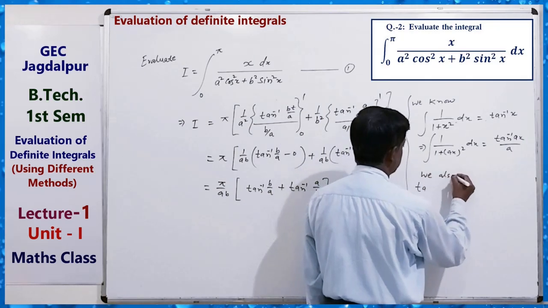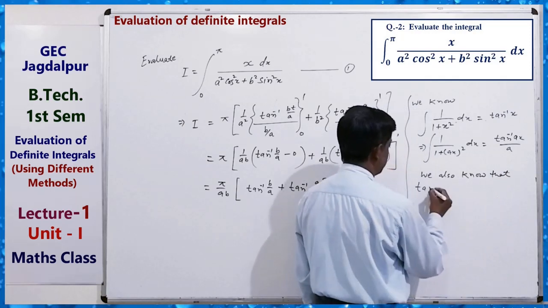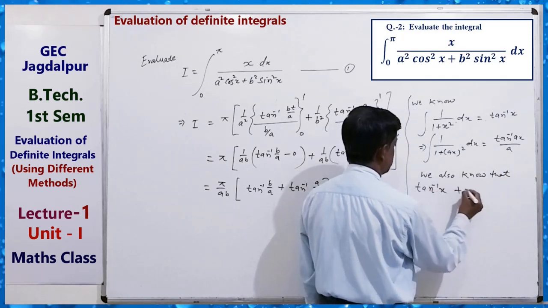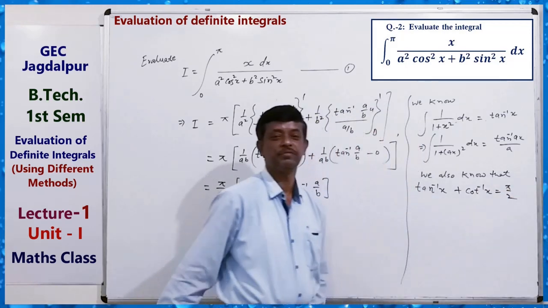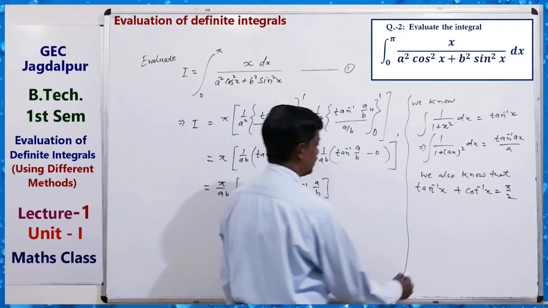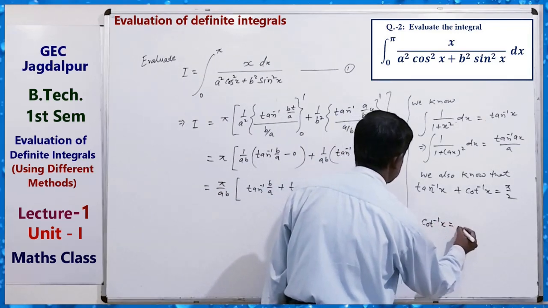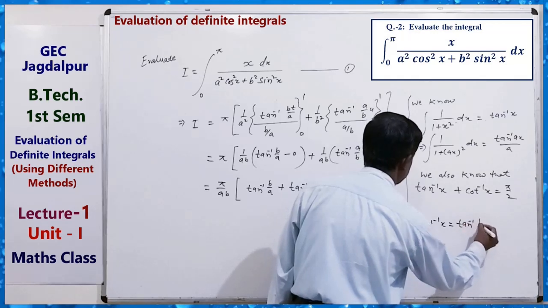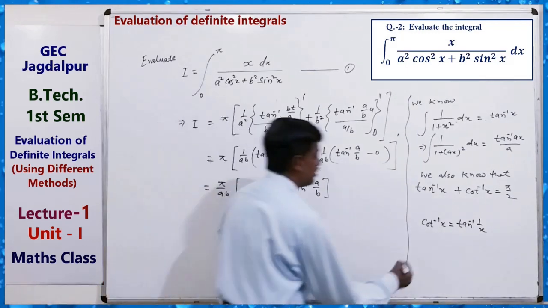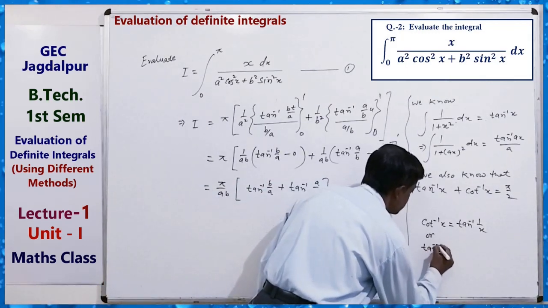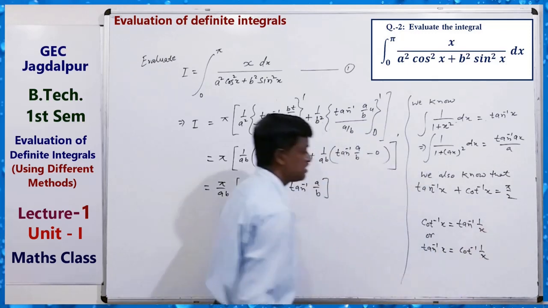We also know that tan inverse x plus cot inverse x equals pi by 2, and cot inverse x equals tan inverse 1 by x, or tan inverse x equals cot inverse 1 by x.